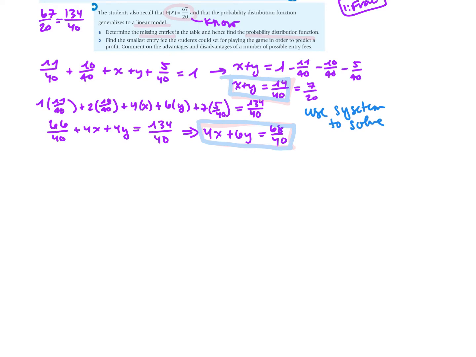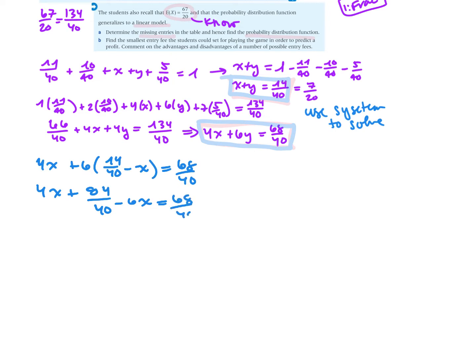So I'm going to say 4x plus 6, parentheses, 14/40 minus x equals 68/40, which is a very fancy way. I'll show my steps just in case anyone is joining us late. Minus 6x, because I would distribute, equals 68/40.